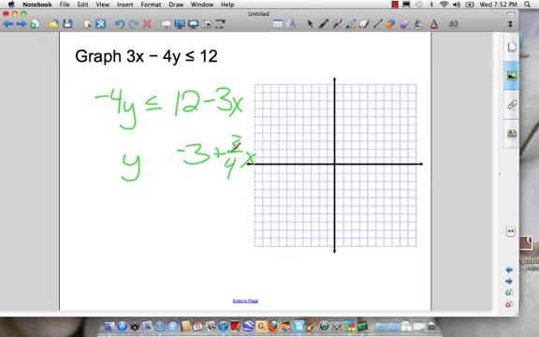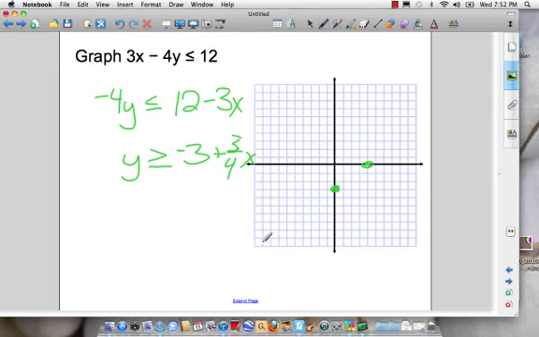The reason I went ahead and put a negative is because I wanted to remind you that when you multiply or divide both sides of an inequality by a negative number, you need to reverse the inequality symbol. So for this one, the y-intercept is negative 3, and the slope is up 3 and over 4.